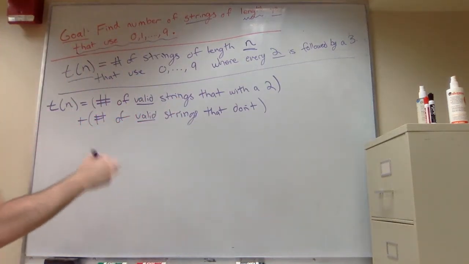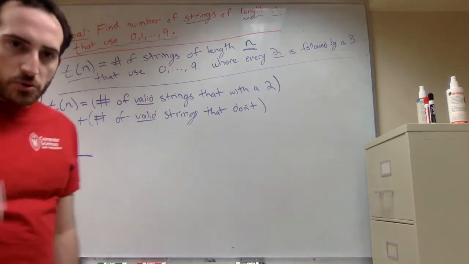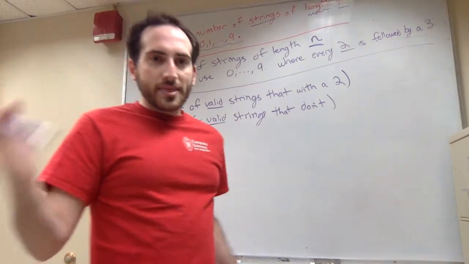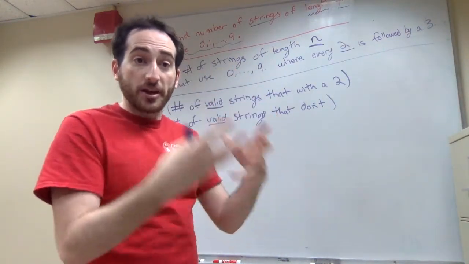Let's first think about the number that don't start with a 2. What we're always going to do in these recursive problems is think about the first choice, or the first digit, or the first something first.